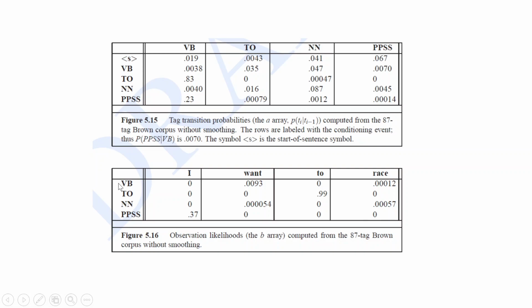In state VB, which stands for verb, what is the probability of emitting I? That is 0, because I is not anywhere related to a verb. So for each of the states of the hidden Markov model, what is the probability of emitting each of the symbols? That is also given. So given these two tables, we have a complete hidden Markov model.